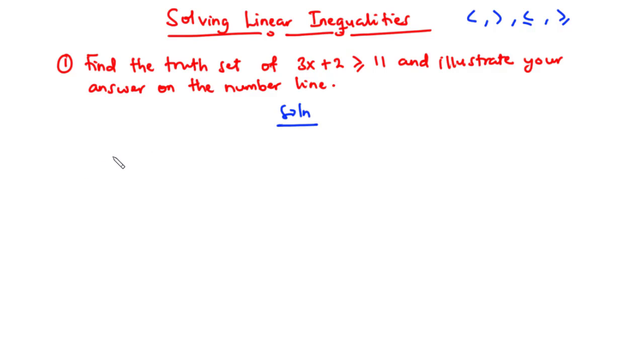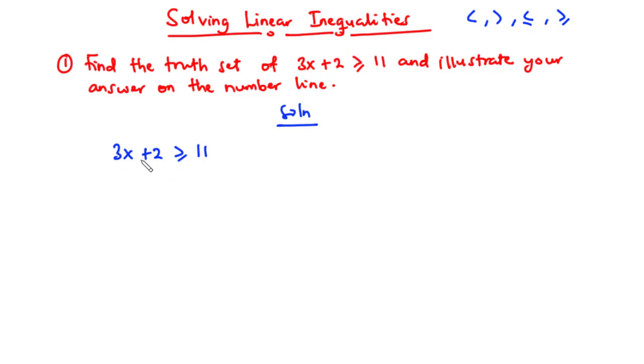So we have the inequality 3x plus 2 is greater or equal to 11. In solving this inequality, we are going to consider the inequality sign as an equal to sign, so we solve this the way we solve any linear equation.